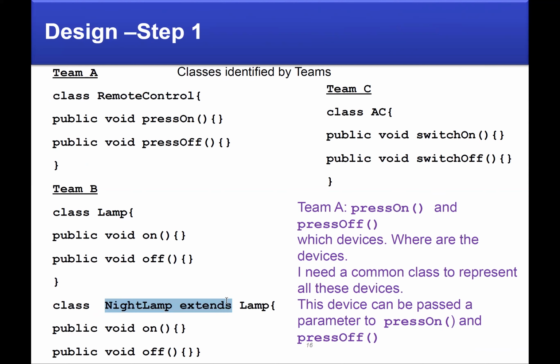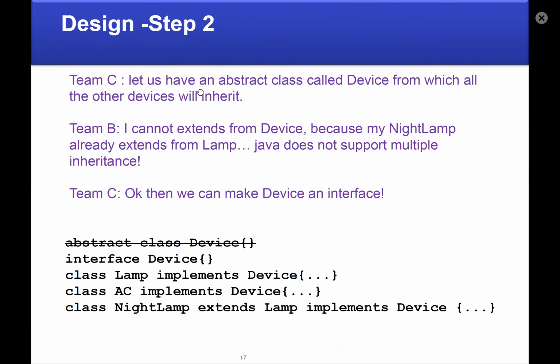And night lamp has already extended a class called lamp. So can I write a class night lamp extends lamp, comma, remote control? No, that's not possible. So this is ruled out. Team B says, I cannot extend from device because my night lamp already extends from lamp. Java does not support multiple inheritance.